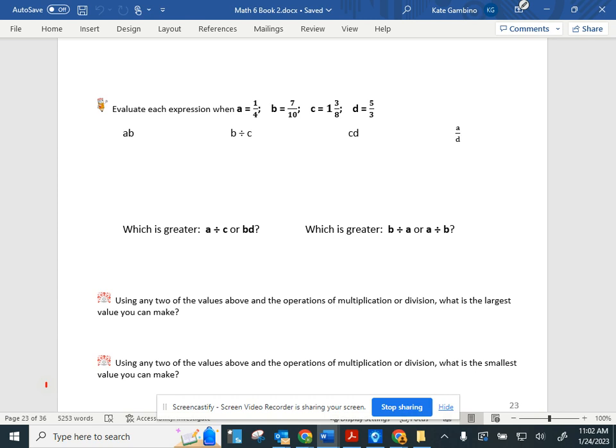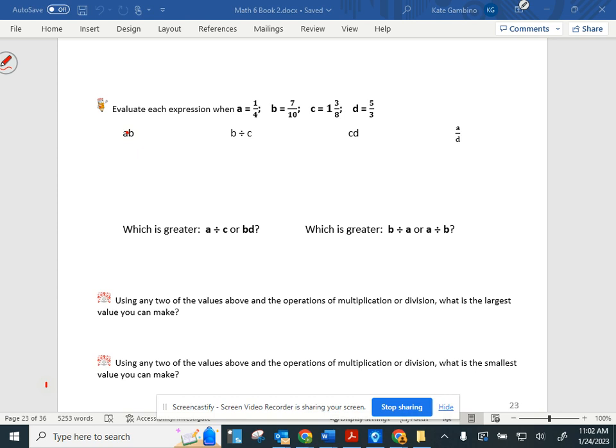Now we have variables. So if I have A next to the B, what does that mean? AB. What do I do? Melina? You do 1/4 times 7/10. So we know that in algebra, when they're right next to each other, it means we're multiplying.